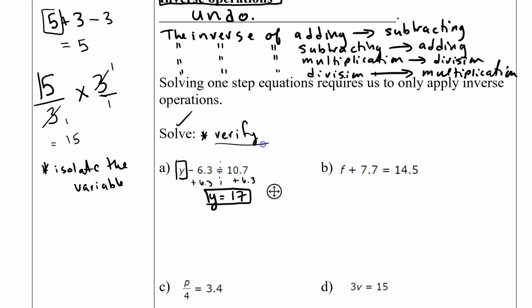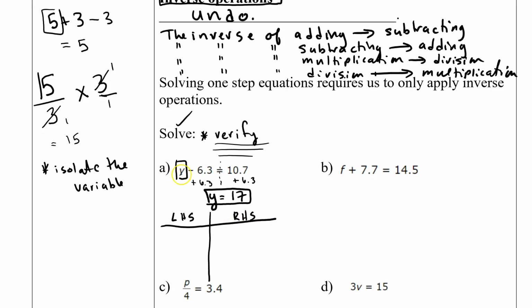What we want to do next is we want to verify. We can always check to see if an equation is solved correctly, because if we substitute y for 17, so if we put 17 in for the y, we should be able to get 10.7. So I'm going to write left-hand side and right-hand side. I'm going to create a little t-chart.